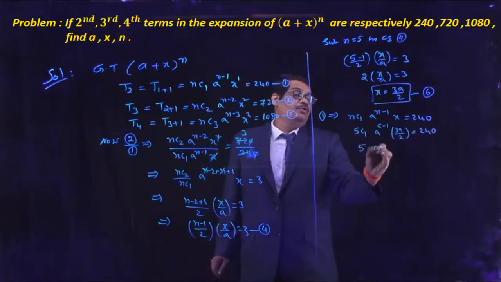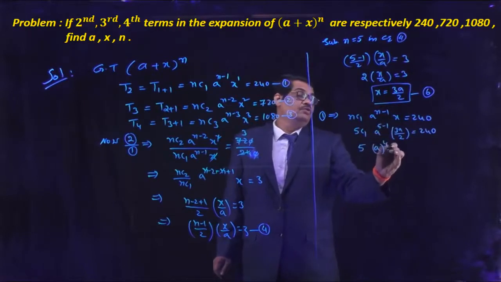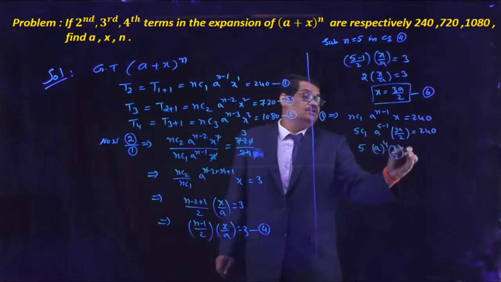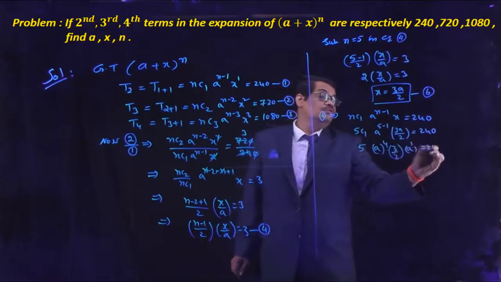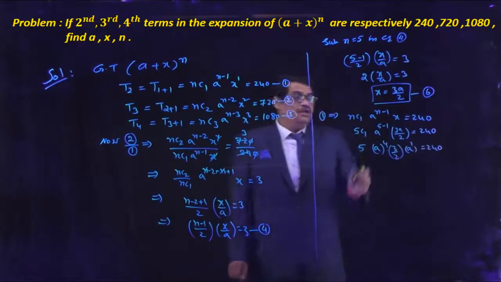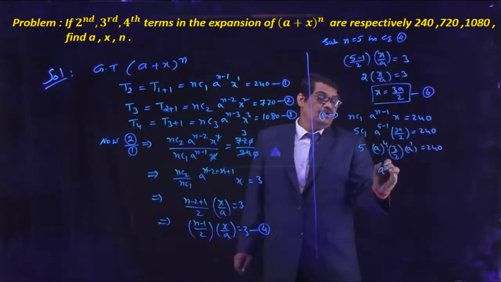Here a to the power of 5 minus 1, that is 4, into 3 by 2, the constant, into a to the power of 1 is equal to 240. Here a power 4, a power 1, that is a power 5.